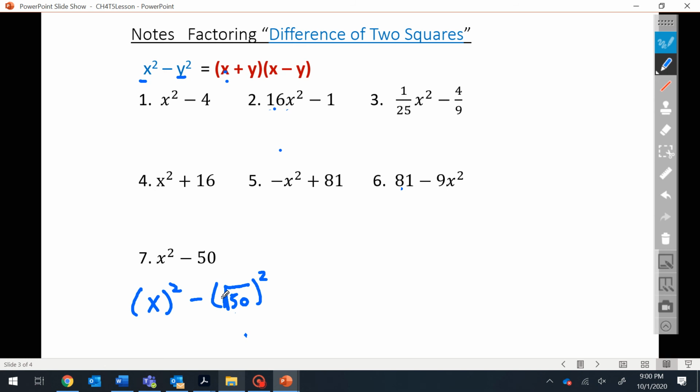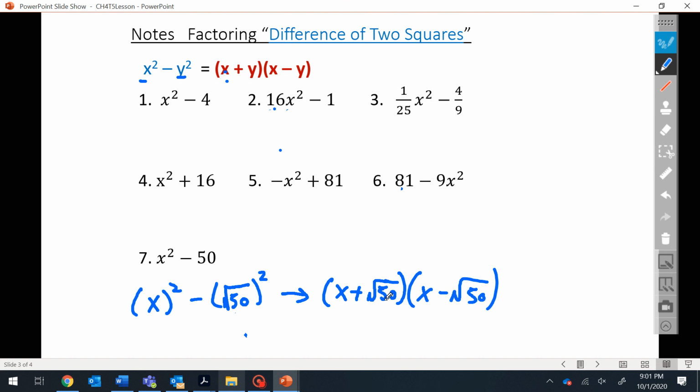So taking the square root is an acceptable way to do this, and we could say that this is now a difference of squares, x squared minus square root of 50 squared. Square root of 50 squared is just 50. So this becomes x plus the square root of 50, x minus the square root of 50.